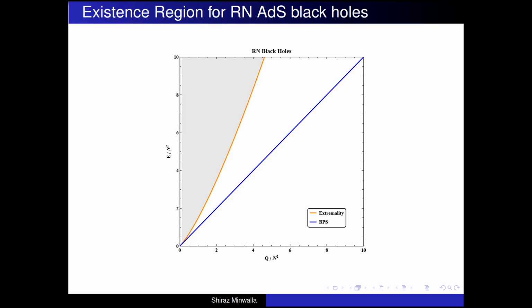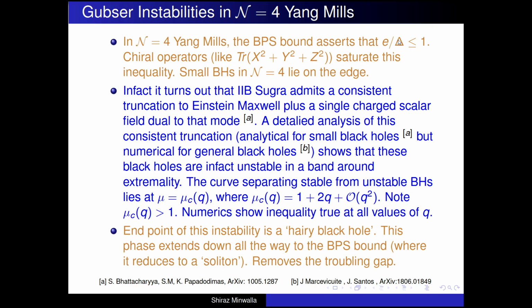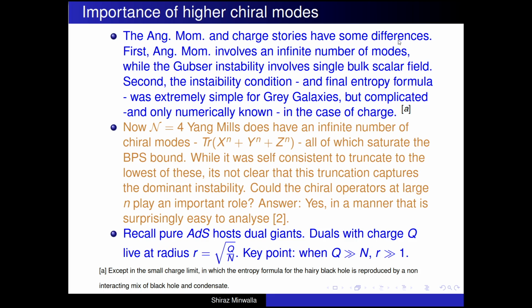It's a very simple phenomenon when the black holes were small, but it became complicated when the black holes became larger. Because in this situation, you can no longer ignore the interaction between the cloud of stuff and the black hole. And the analysis of these hairy black holes, as they were called back in the day, became very complicated when these black holes became big.